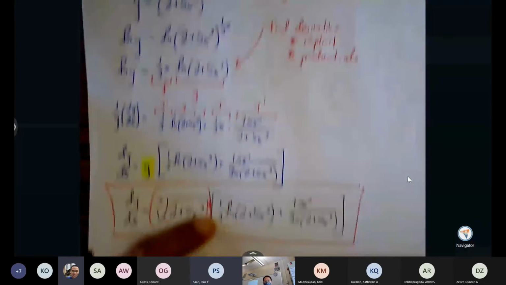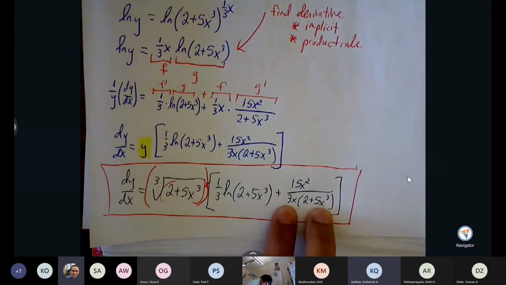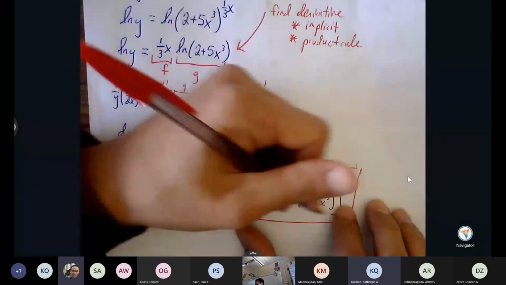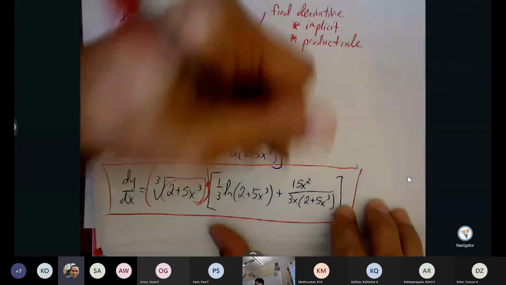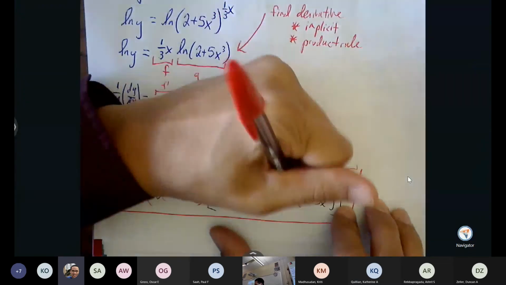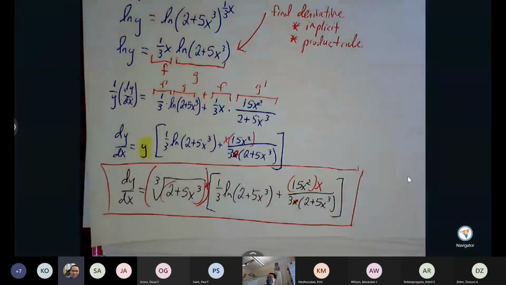Okay, thanks. Mr. Yang, when you were combining the 1/3 x with the 15x squared over the 2 plus 5x cubed, why did the x go to the denominator? I thought it was in the numerator. Oh, yeah, you're right. Sorry, guys. Made a couple mistakes here. Thank you.